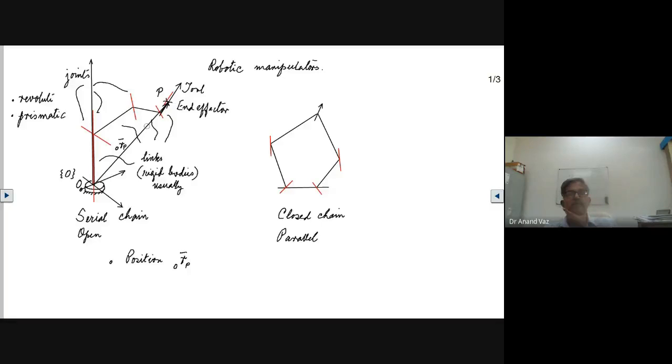Now, when we represented this graphically here using this vector, we did not write the frame of expression because it makes no difference. Whatever is the frame of expression, graphically, the vector is this itself.